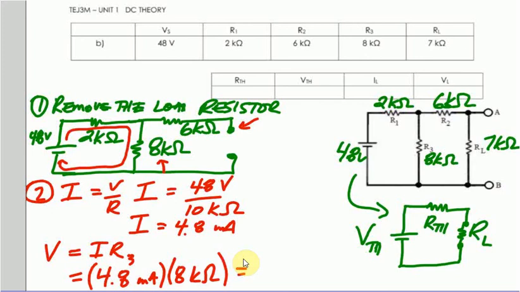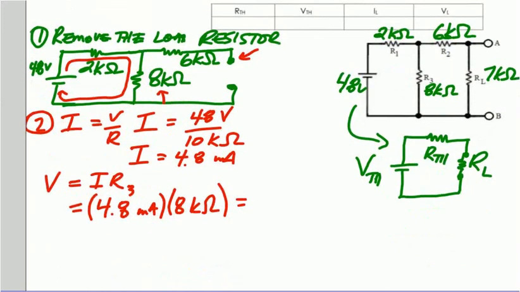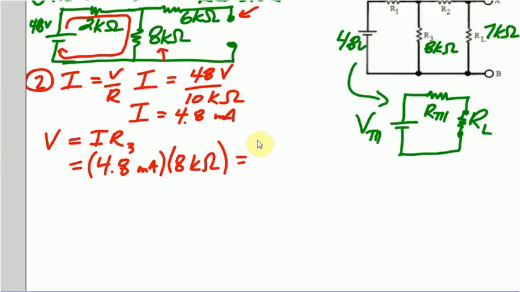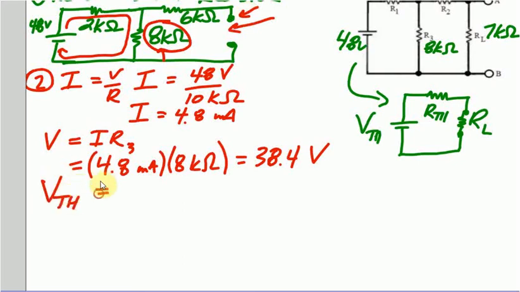And that comes to 38.4 volts. And that voltage drop across this resistor is the same as that drop right there in that open space, which is your Thevenin voltage. So the Thevenin voltage is 38.4 volts. So that's going to go over here. This is 38.4.